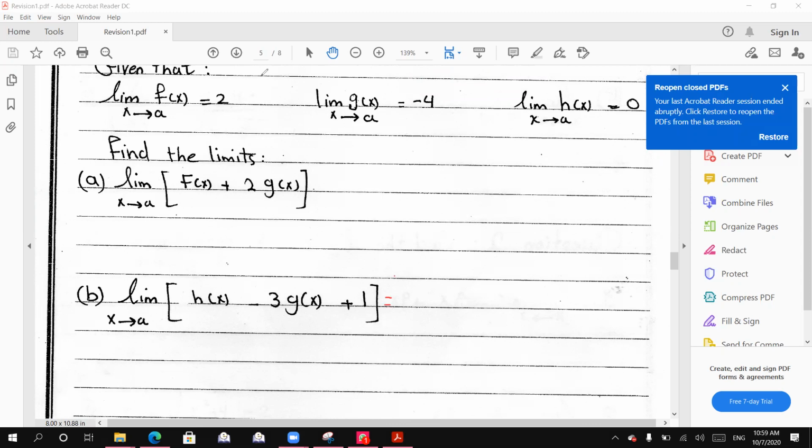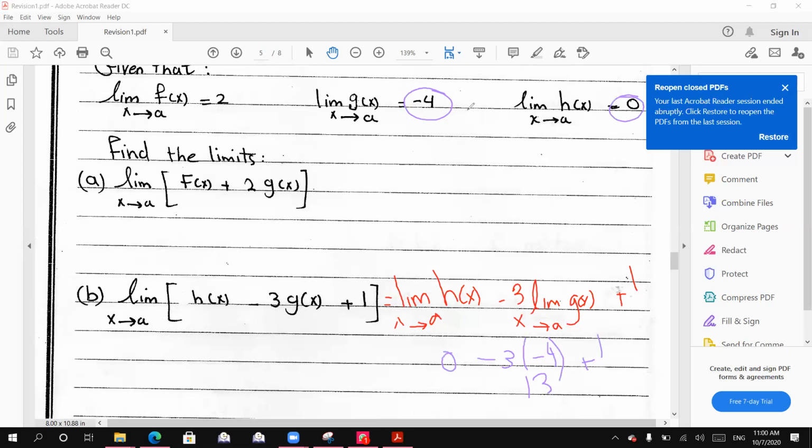So it can be written as limit h of x when x approaches a, minus 3 limit g of x when x approaches a, plus 1. I just distribute the limit on the functions. Then limit h of x is 0, minus 3 times limit g of x, which is -4, plus 1. Now -3 times -4 is 12, plus 1, 13. So the answer here is 13.